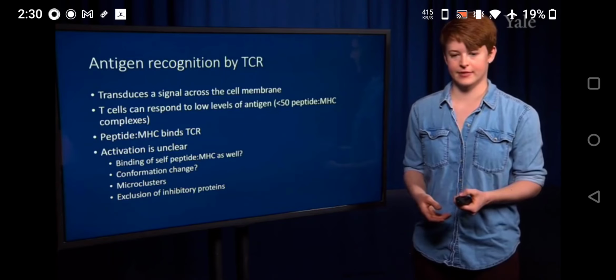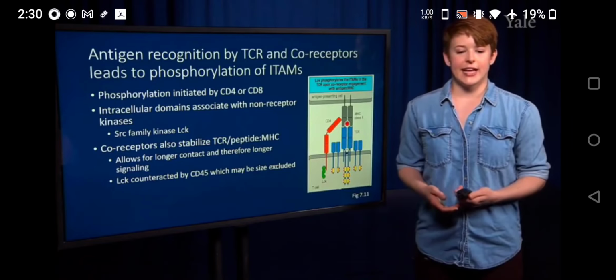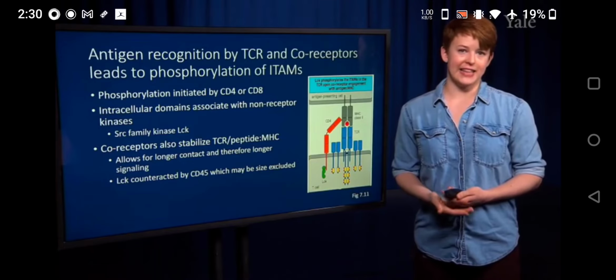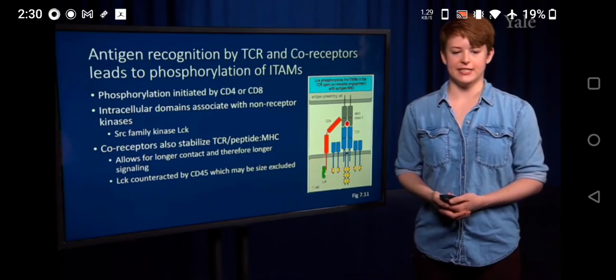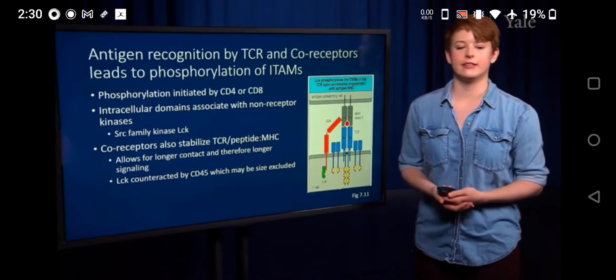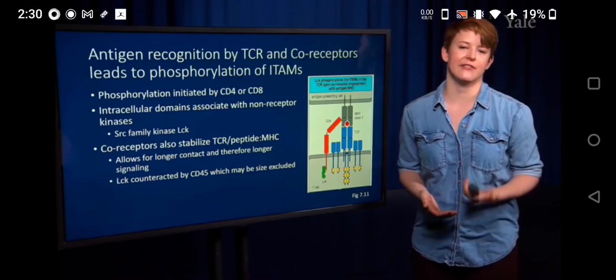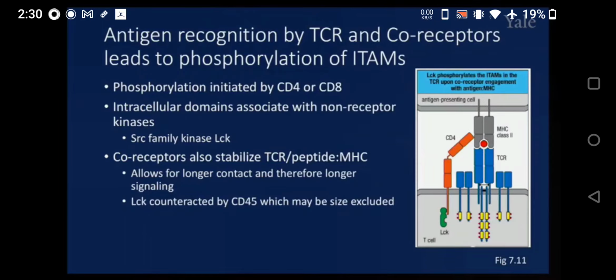So antigen recognition by the TCR and its co-receptors, CD3, leads to phosphorylation of ITAMs. These co-receptors also include CD4 and CD8, which you guys talked about in relationship to helper T cells or cytotoxic T cells. And here, the intracellular domains associate with non-receptor kinases.